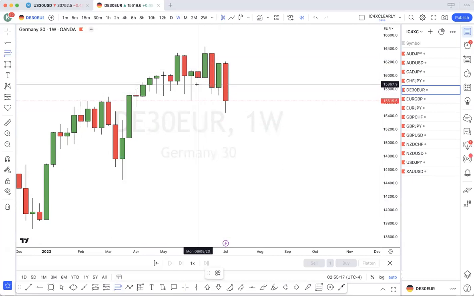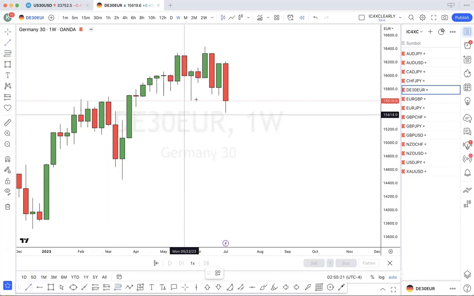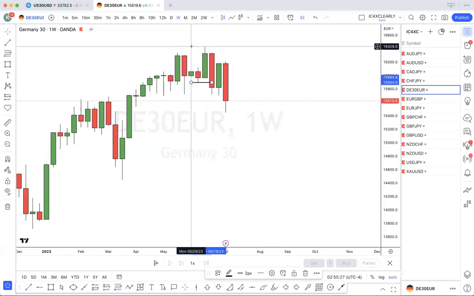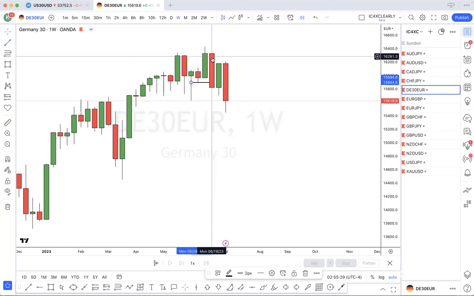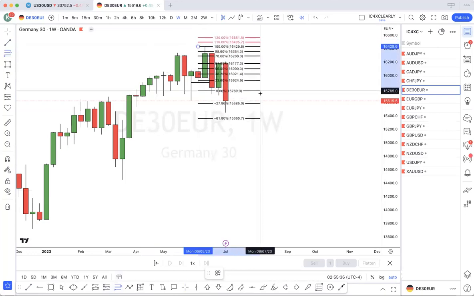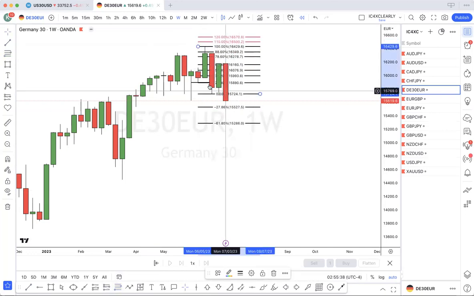When price broke this structure here, that was the last push up. When price broke structure here, your 30 pulled back and sold to the negative 27.